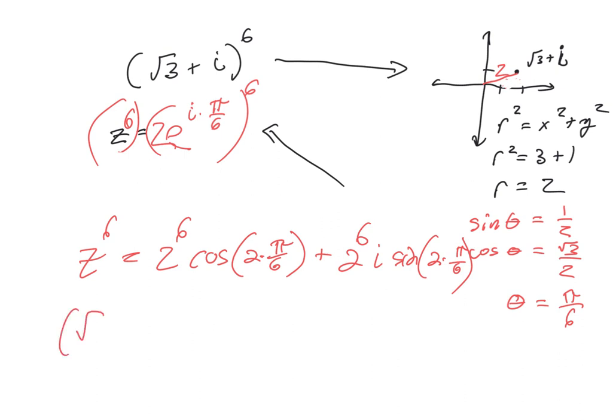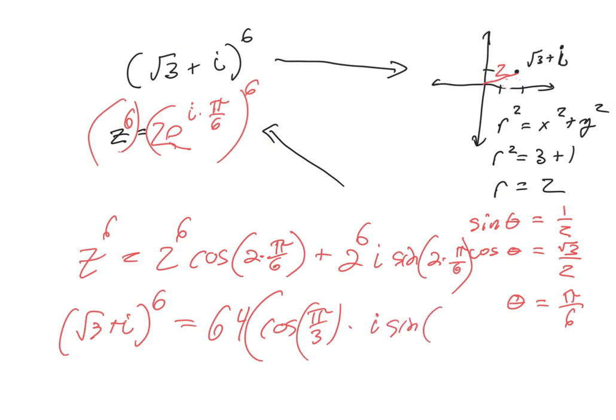So I have here square root of 3 plus i to the 6th in polar is, and I'm going to factor the 64 way out in front, and have cosine of pi plus i sine of pi. Because if memory serves me correctly, 2, 4, 8, 16, 32, 64. Yes, 2 to the 6th is 64.